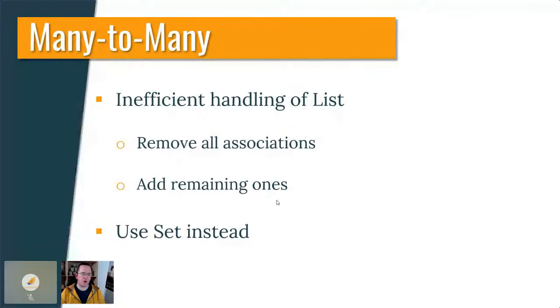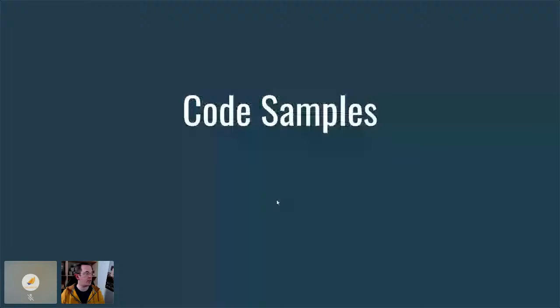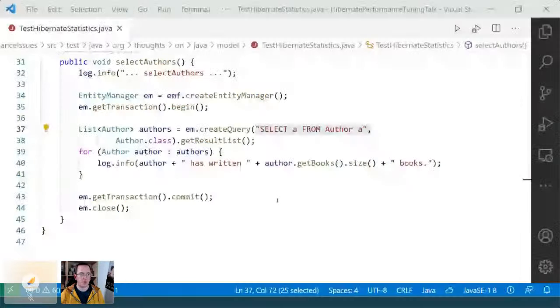I mean, from a plain Java point of view, using a list to store a collection of other entities, like all the books written by an author, is a pretty obvious thing. I mean, list is an efficient and very common data type. Unfortunately, with Hibernate, it isn't that efficient, or at least not as efficient as you would expect. And we will take a look at that right now.